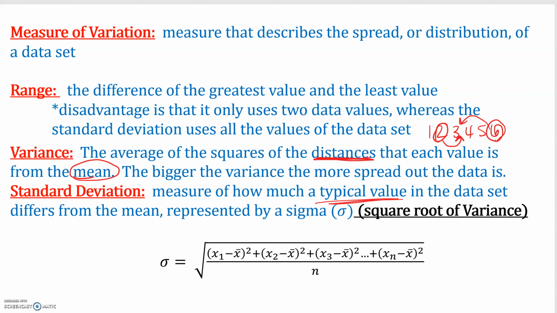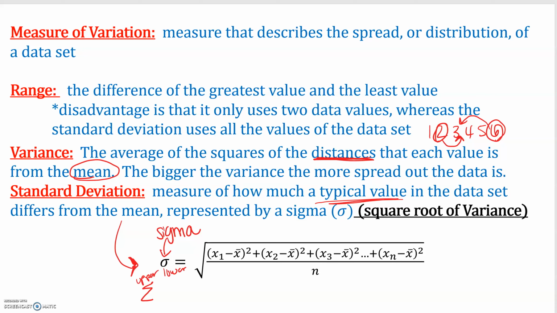So here we have our standard deviation formula down here, and I just want to talk a little bit about these. This is sigma. And some of you may be thinking, well, I thought this was sigma. They both are sigma, actually. This is the Greek alphabet. So just like the English alphabet, we have an uppercase and a lowercase.